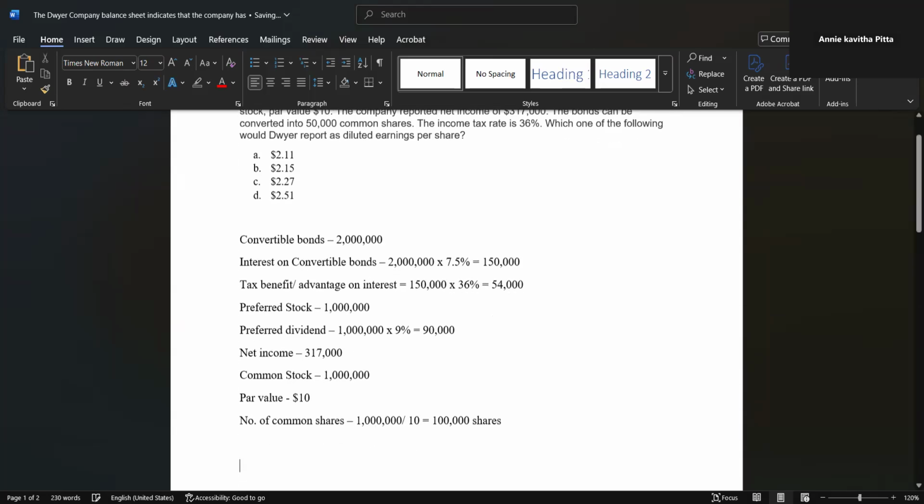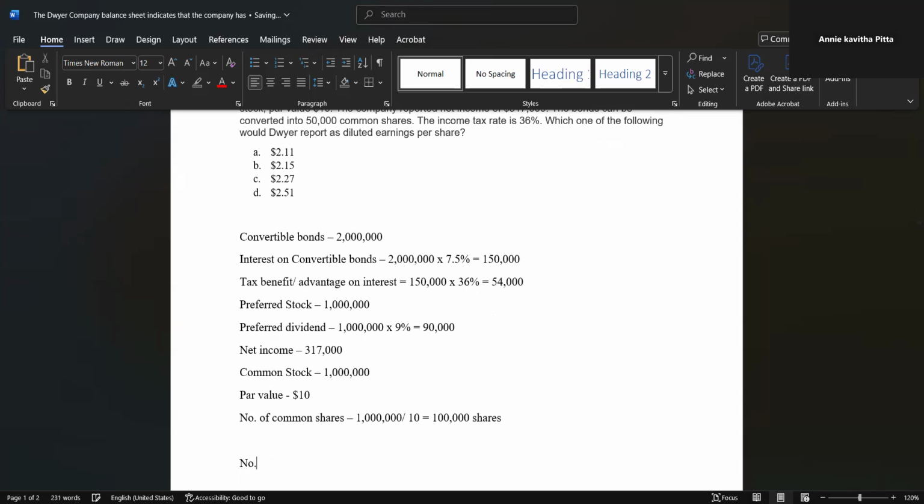The number of shares after dilution would be the existing 100,000 shares plus an additional 50,000 shares, which is equal to 150,000 shares.